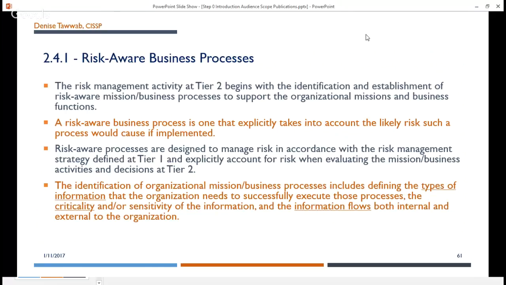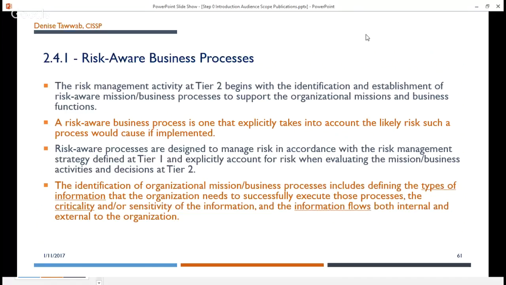Risk-aware processes are designed to manage risk in keeping with the risk management strategy defined at Tier 1 and explicitly account for risk when evaluating the business activities and decisions that happen at Tier 2, the business layer. The identification of organizational business processes includes defining the types of information that the organization needs to successfully execute those processes, the criticality and or the sensitivity of the information, and the way the information flows, both internal and external to the organization.